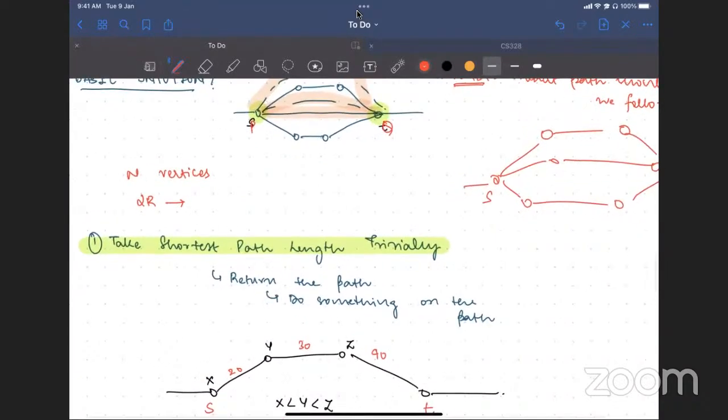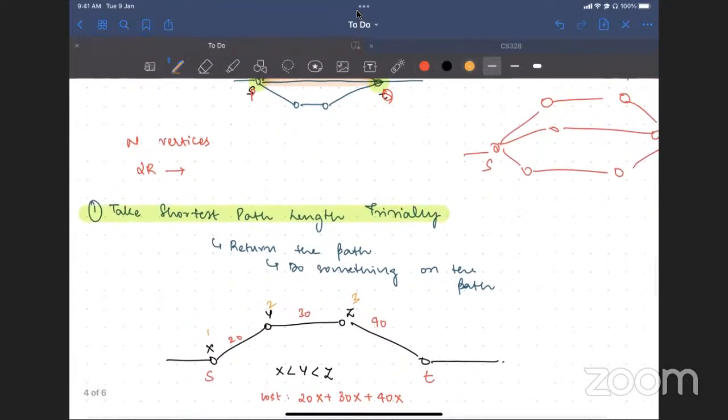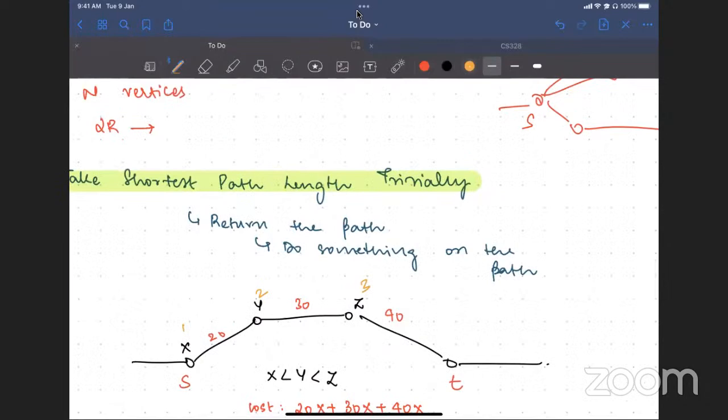And let's say you managed to get this as the shortest path among all the paths in the graph. X, Y, Z are the amounts you need to pay for refueling your car at states 1, 2, and 3. So if X is less than Y is less than Z, I will refuel my car at this state for the whole journey.